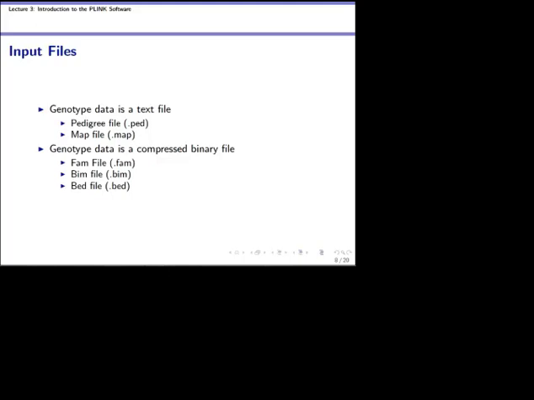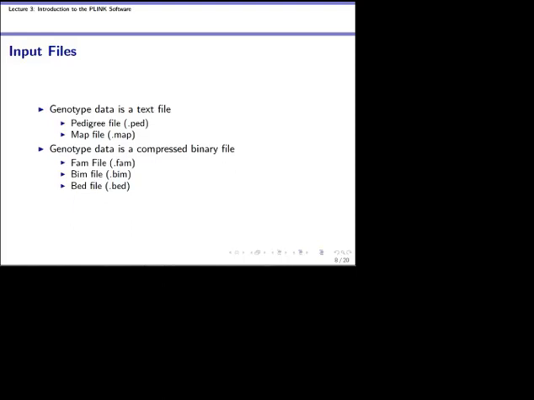And then the compressed file is going to be a .bed file. The .fam file is information about the family ID numbers, sex, and the phenotype. The .bim file is information about the SNPs, so, for example, what chromosome, the SNP name, the location. And that's the same as the MAP file. The MAP file and the .bim file are essentially the same.